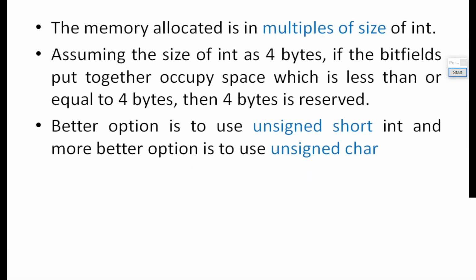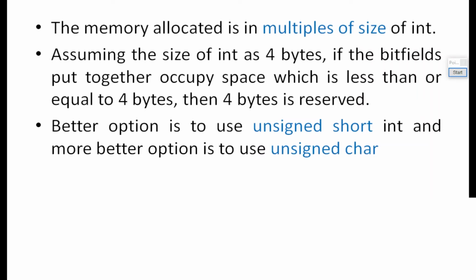The memory allocated is in multiples of the size of integer. Assuming the size of integer is 4 bytes, if the bit fields put together occupy space less than or equal to 4 bytes, then 4 bytes is reserved.